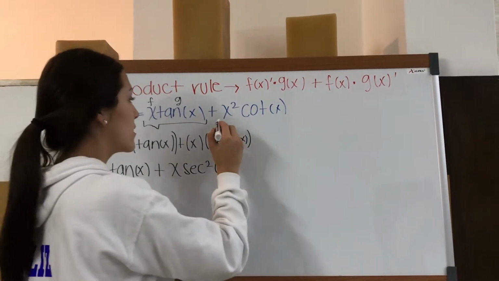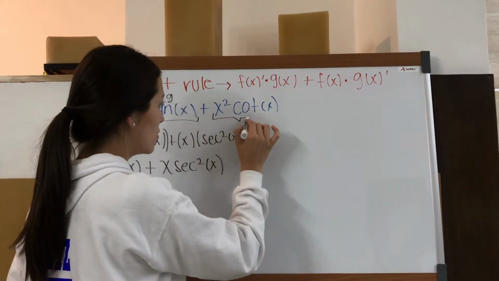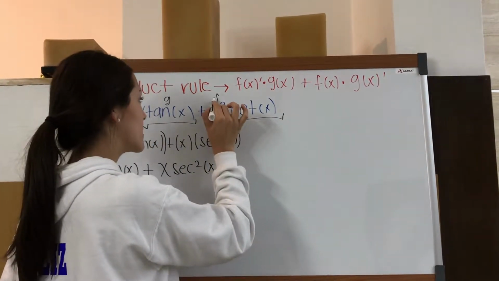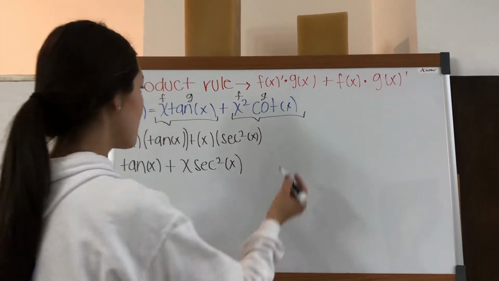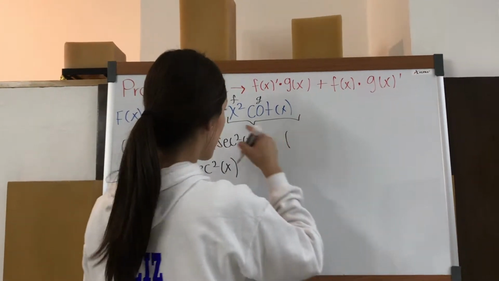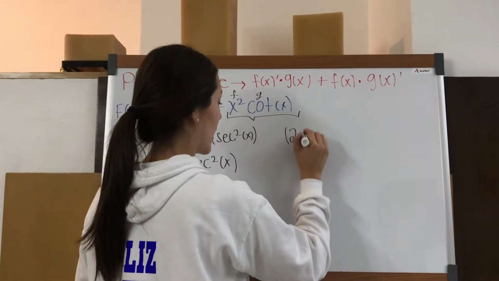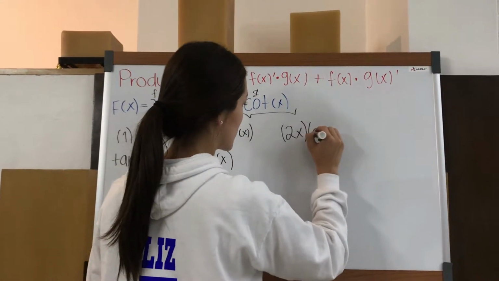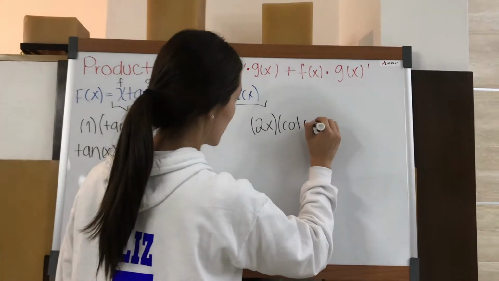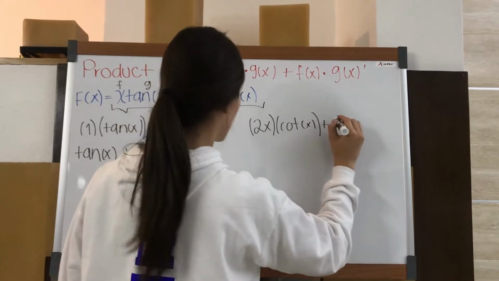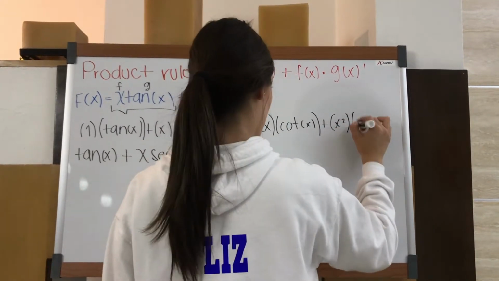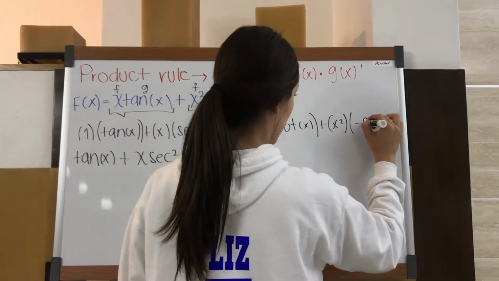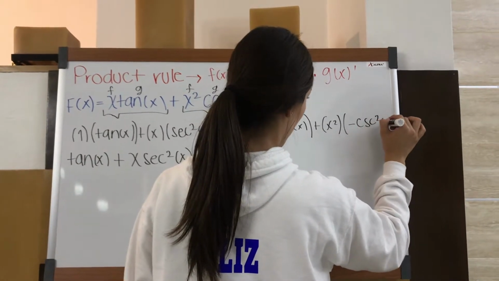And now we do the second product rule with this one, and the f is the x squared and the g is the cot x. The derivative of the first one is 2x times cot x plus x squared times minus cosec square of x.